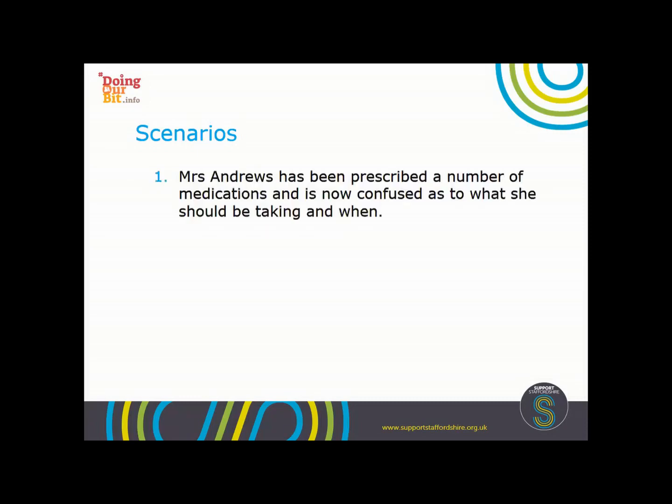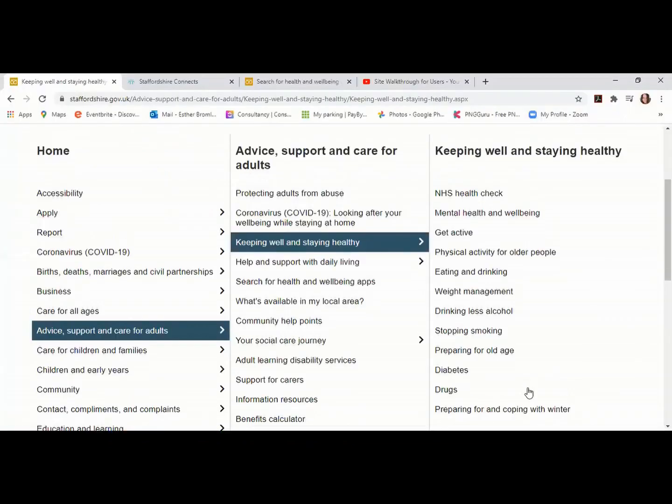Okay, so first of all, we've got Mrs. Andrews. She's been prescribed a number of medications. She's now totally confused. What should she be taking and when? A fairly common problem with older people who might have loads and loads of different medicines. And actually what we know is that often people who go and see health professionals, GPs, pharmacists, nurses, all of them, might just sit there and nod along and go, yes, I know what you mean.